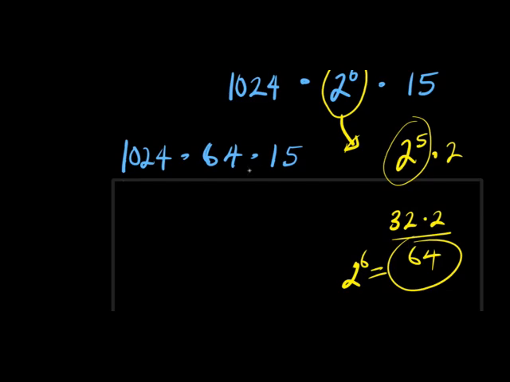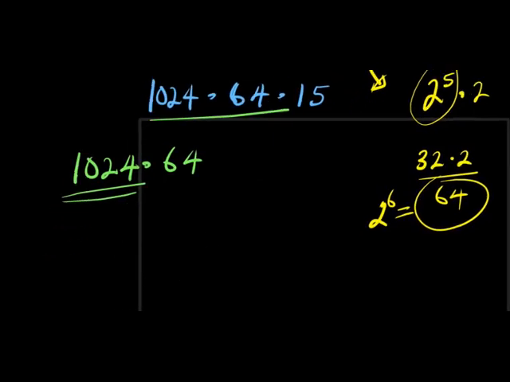Now let's multiply this out. 1024 times 64. We can express 1024 as the summation of 1000 plus 24, times 64.